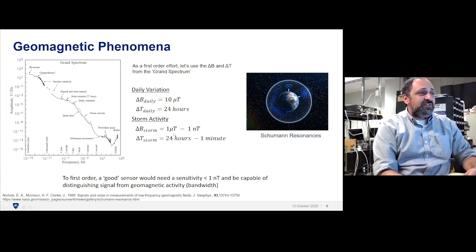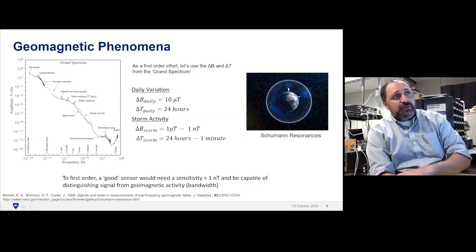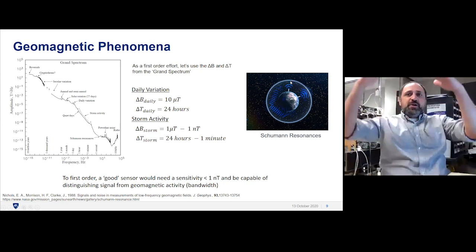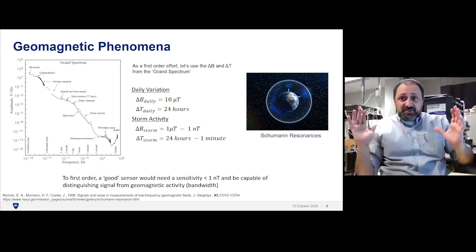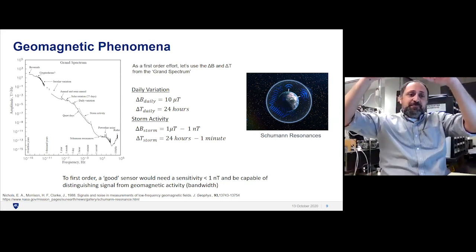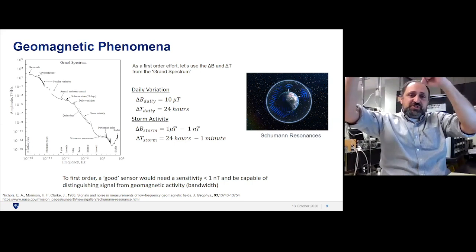And so that can give you microtesla or nanotesla magnetic fields. And that's not just locally, but above the Earth, about 100 kilometers up, is part of the atmosphere called the ionosphere. It's called the ionosphere because the electrons are disassociated from some of the atoms up there.